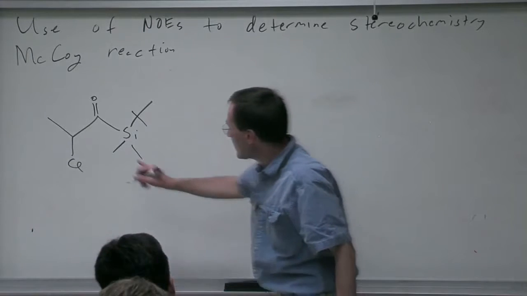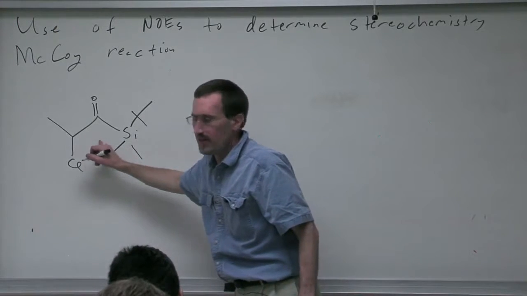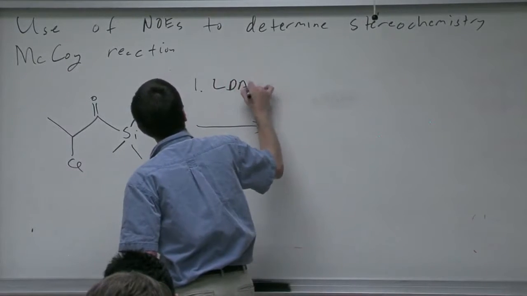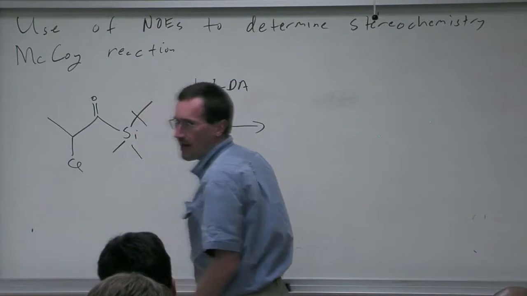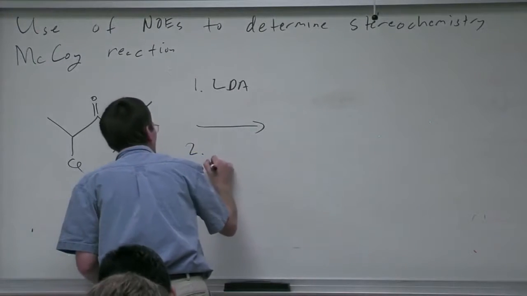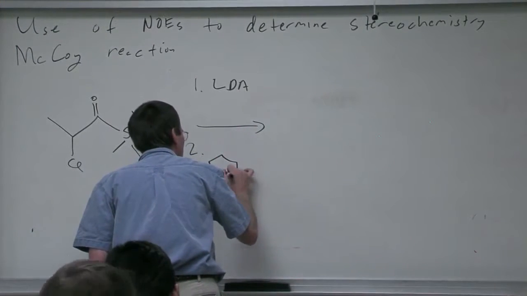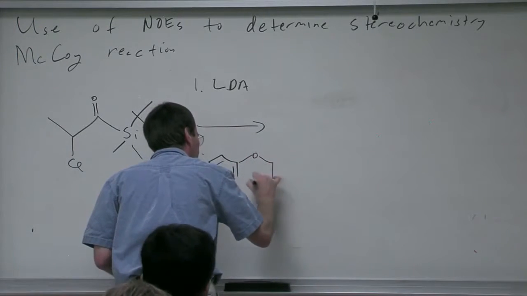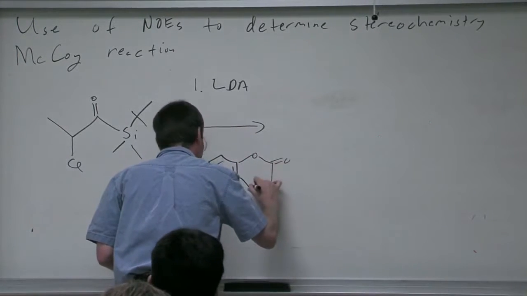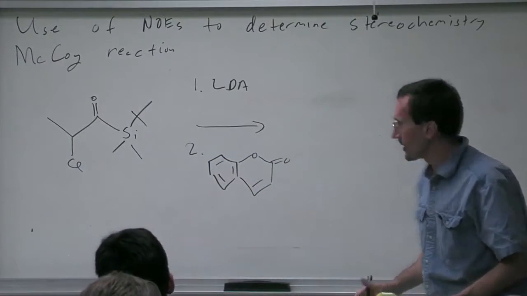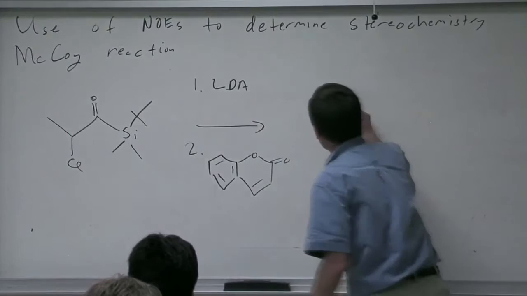And when you take this alpha halocarbonyl compound and you treat it with LDA, and then you treat it with an alpha beta unsaturated carbonyl compound, in this case I used coumarin, you get a cyclopropane product, and I'll draw that product for you.